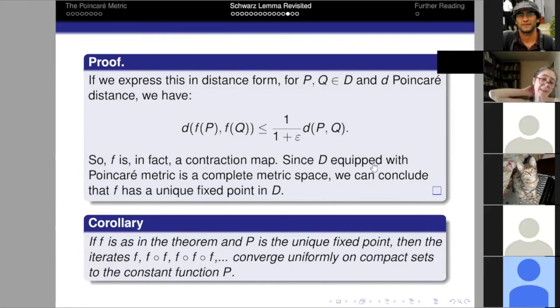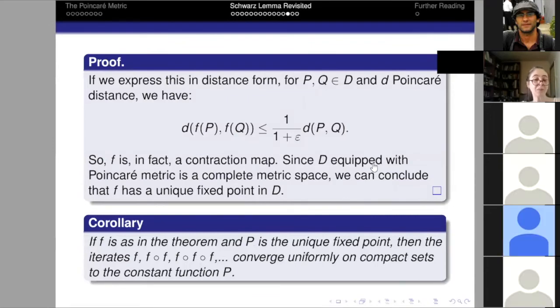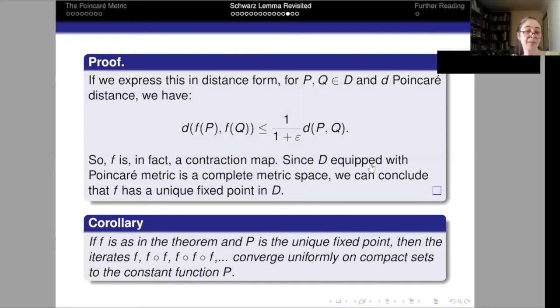If f is as in the theorem, I mean the closure of its image is compact in the unit disk, and if p is the unique fixed point, then if we take iterates f composed with f composed with f composed with f, these converge uniformly on compacta to the constant function p.